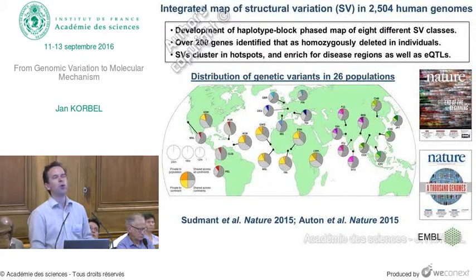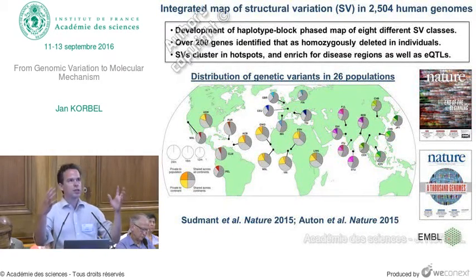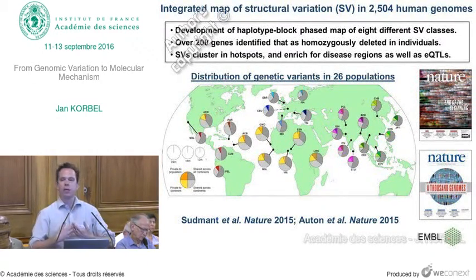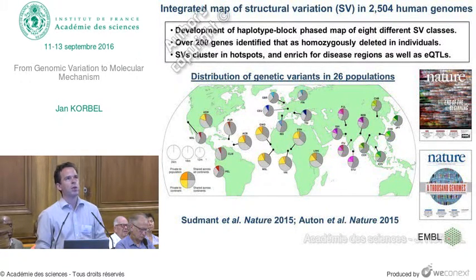And we've also learned about where structural variations are located in our genome and could develop hypotheses on how they form. They often are clustered together, so we see them near each other in so-called hotspots of the genome, where they're also enriched for disease regions.